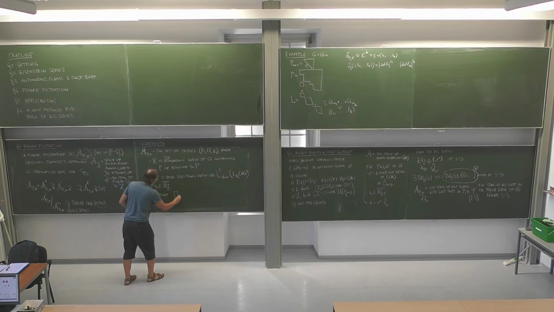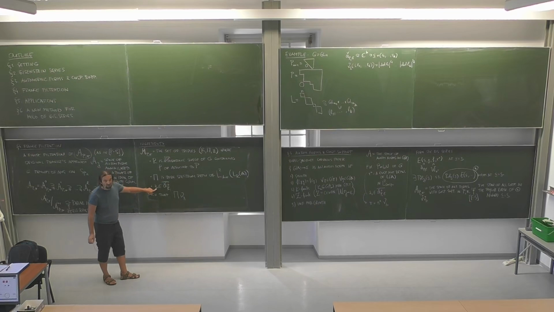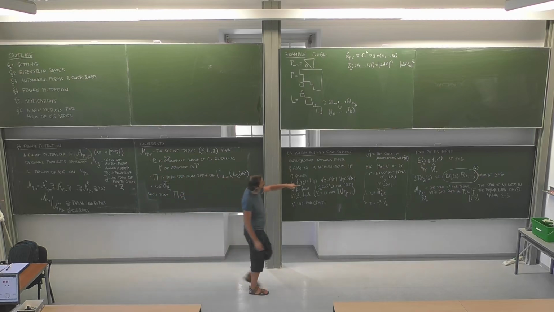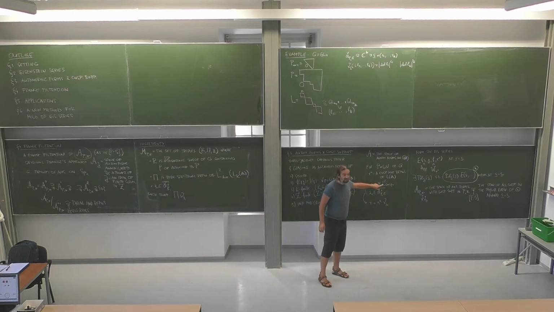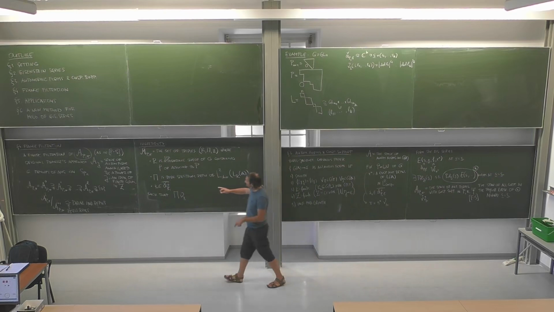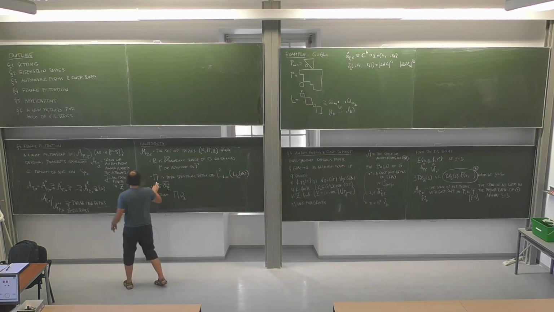pi tensored with, twisted by, this character nu corresponding to parameter Z. So this capital pi is again unitary, just like this pi u here. It is really in L2, and Z is a certain twist of this capital pi.